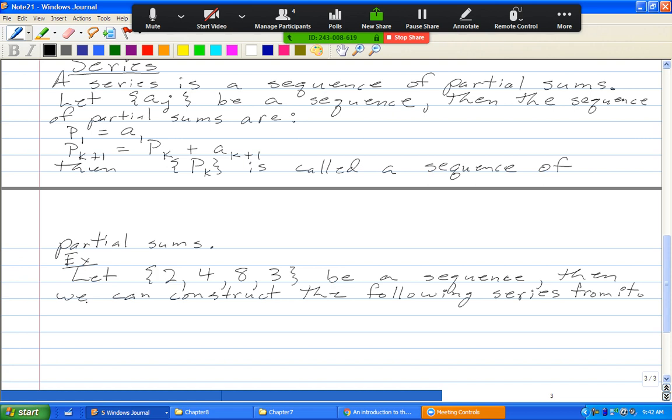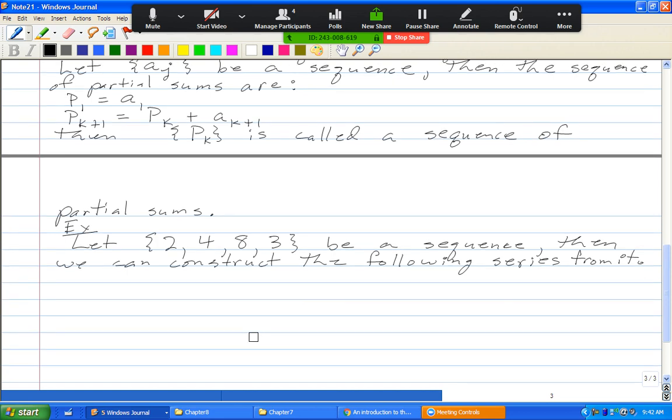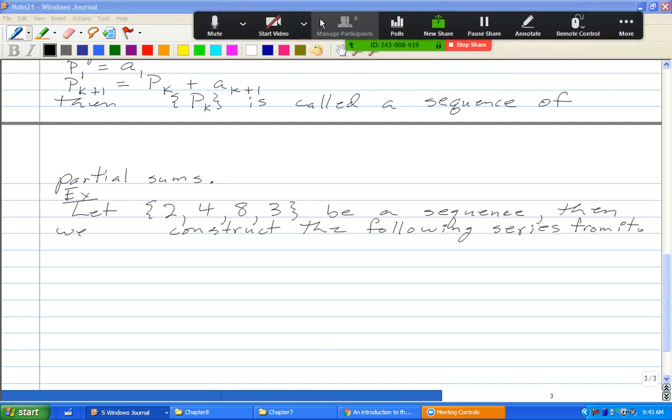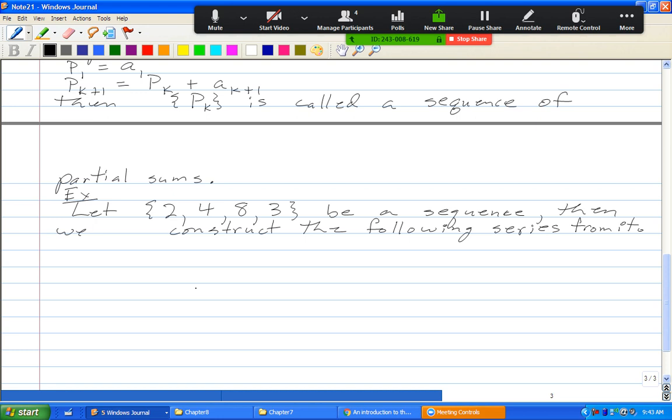Okay, so the first term in this... It's sort of stuck for 1 second. Let's see if I can do something. There. So we can construct the following series.